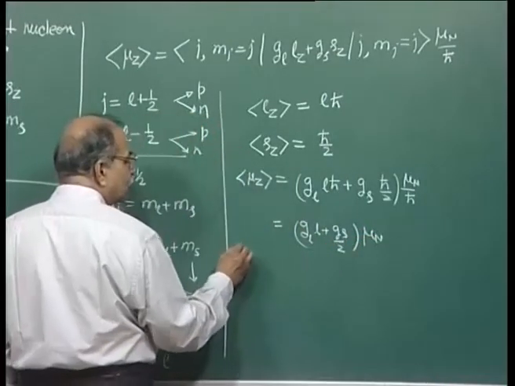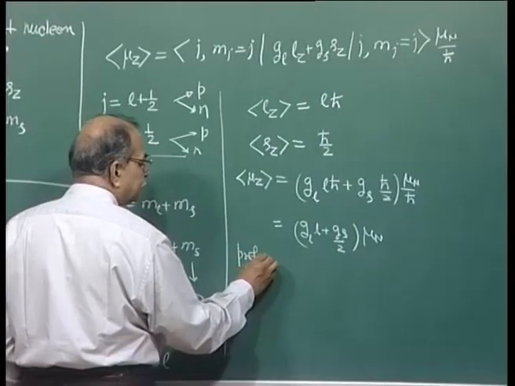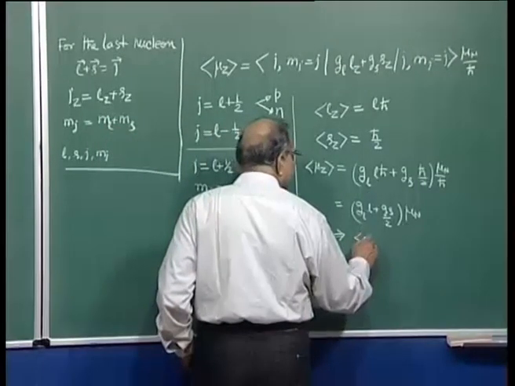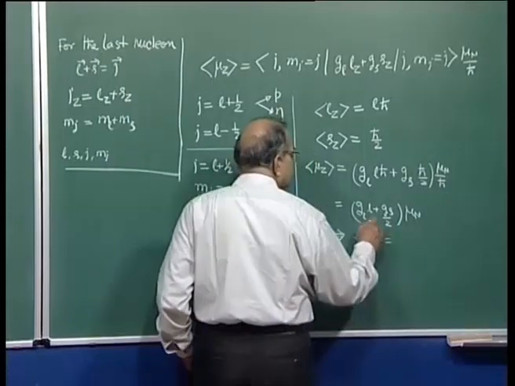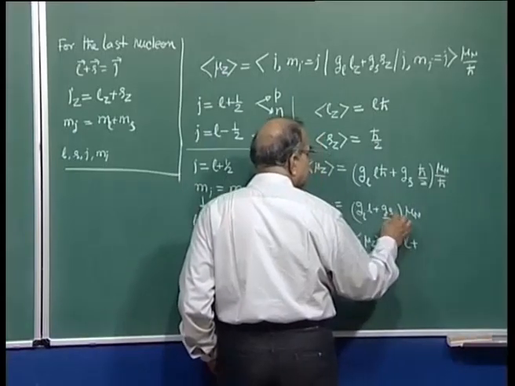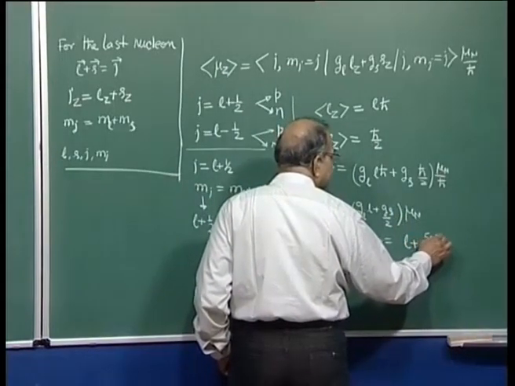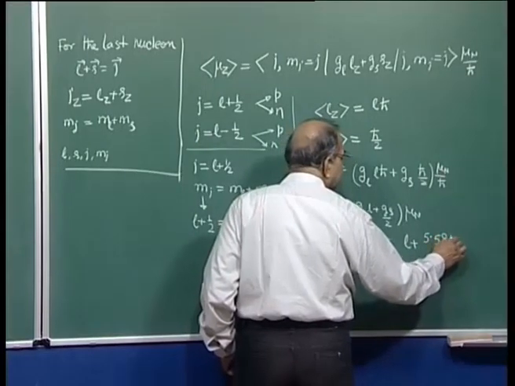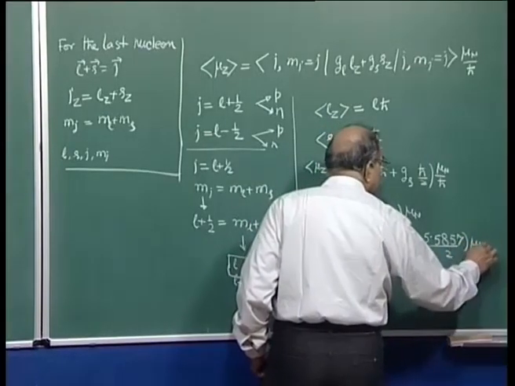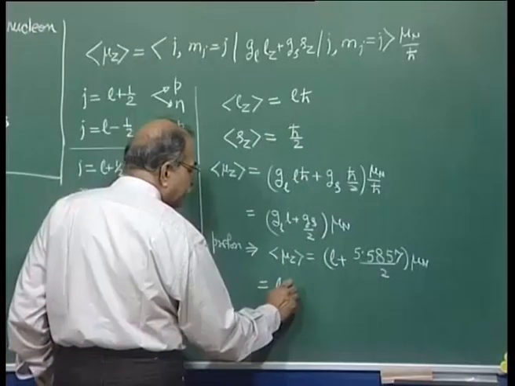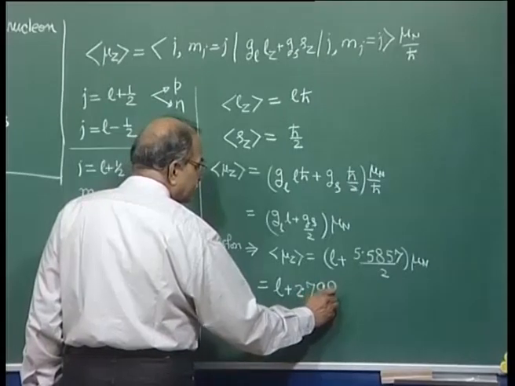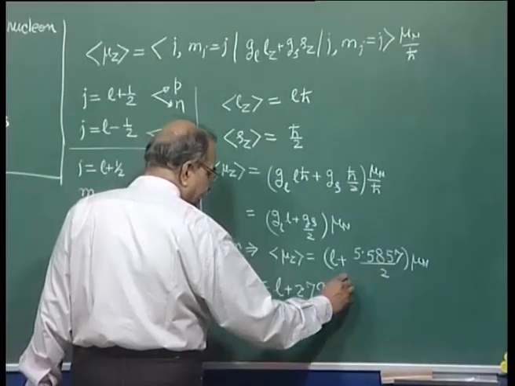If this last nucleon is a proton, then GL is 1, so it is L, and GS is 5.5857, so 5.5857 by 2 times mu n, which is L plus 2.7928 times mu n.